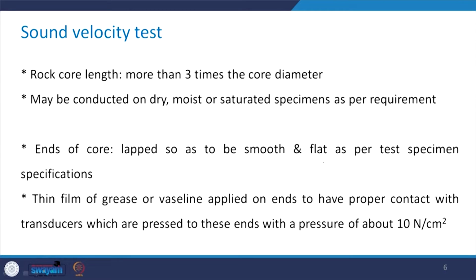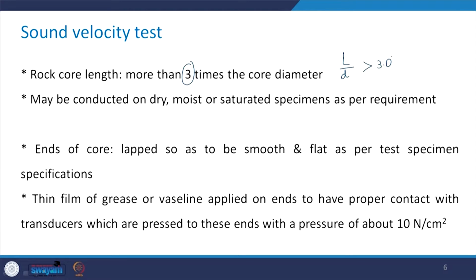Now, as we had special specimen preparation requirements in the UCS test or the Brazilian test, likewise here we have some specific requirements for the specimen. These are listed here. Rock core length should be 3 times the core diameter, that means the L by D ratio must be equal to 3.